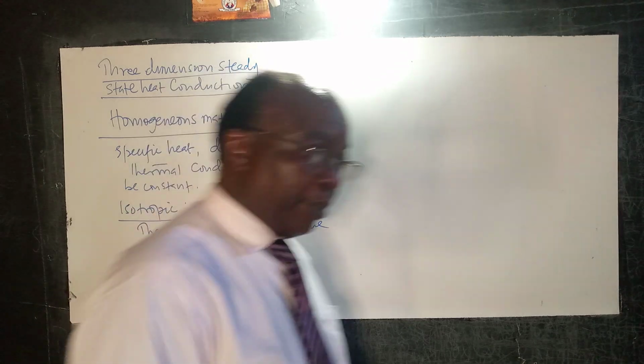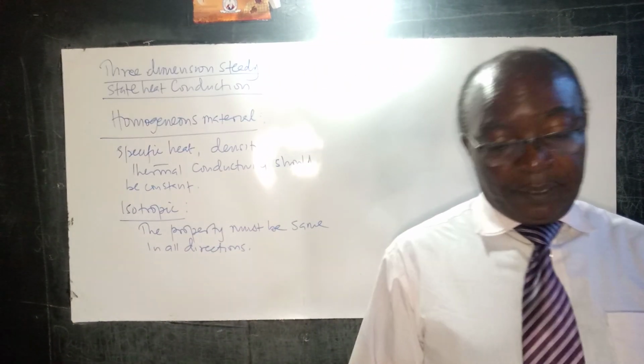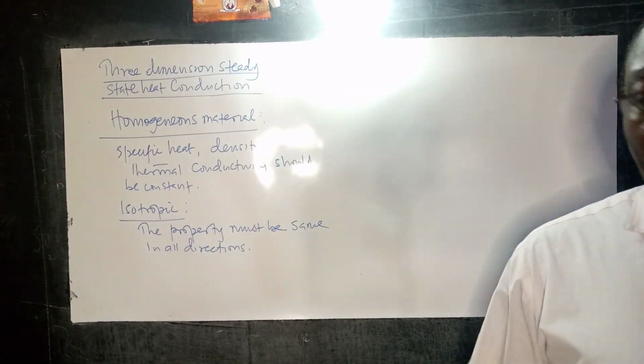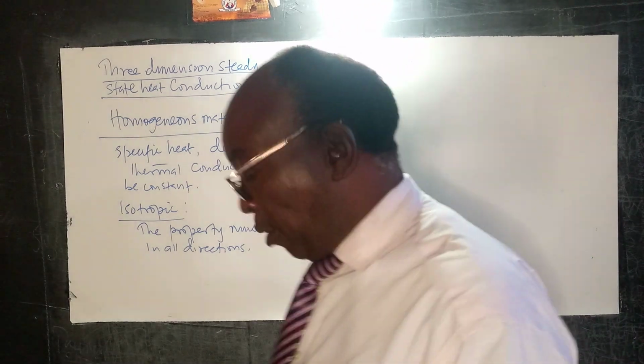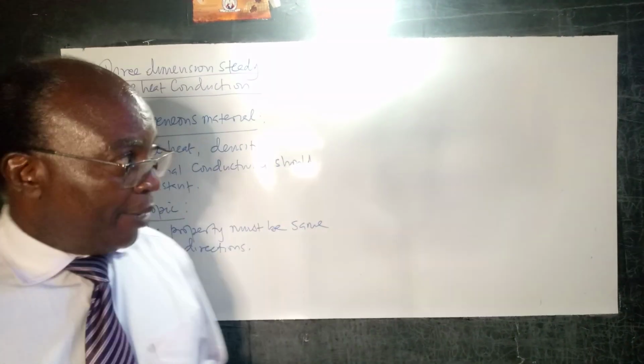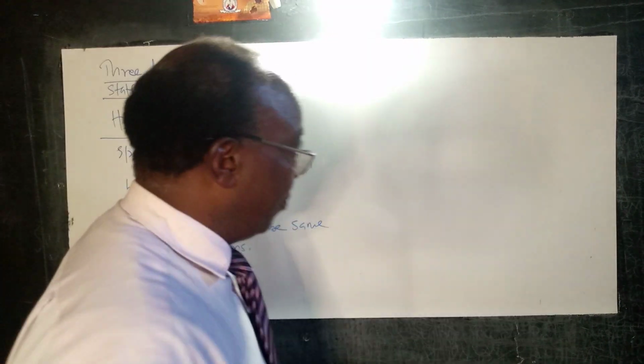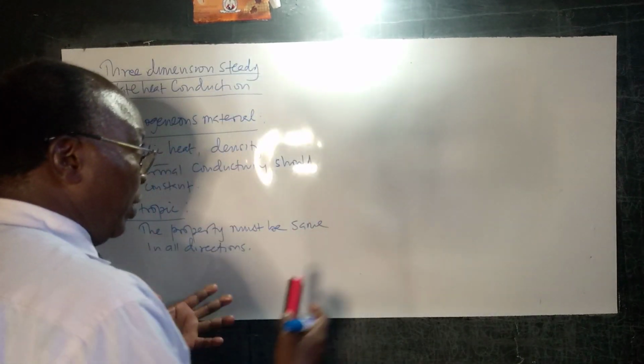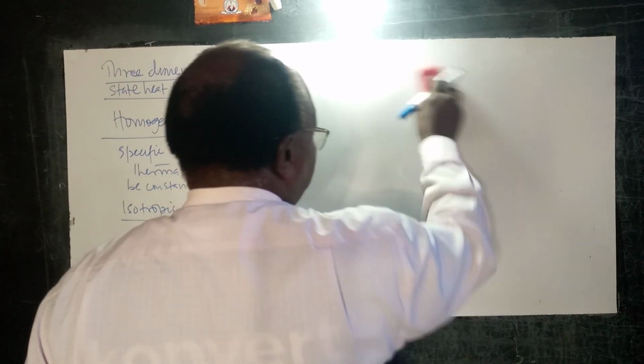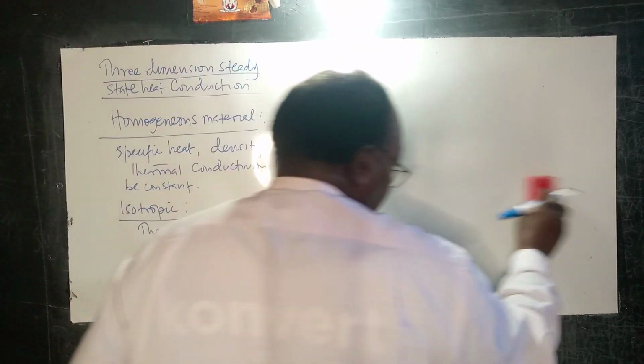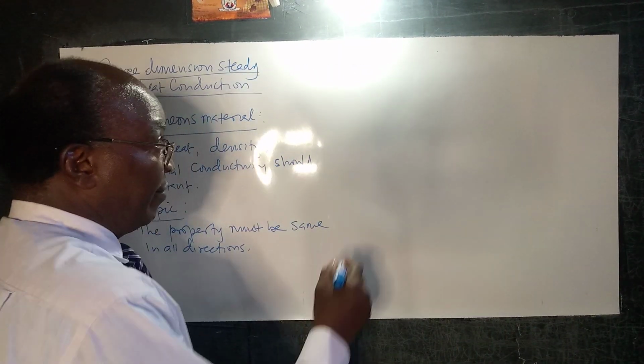So when we are talking about three-dimensional conduction, we are going to focus on elemental areas or volume elements for that matter. We'll draw them in the form of volume elements, but we are looking at the elemental areas. So let us look at our first profile.